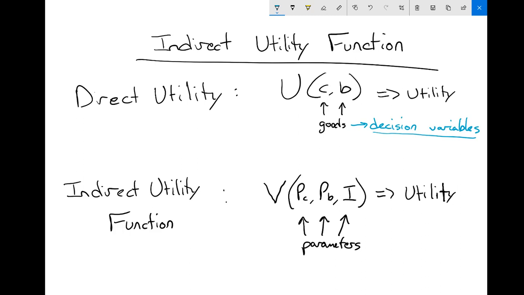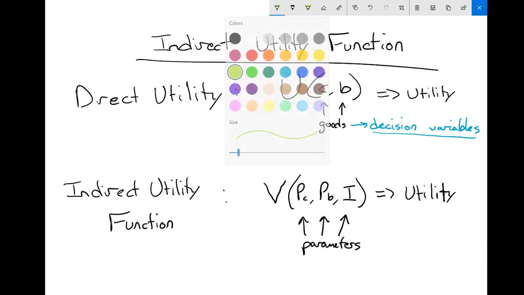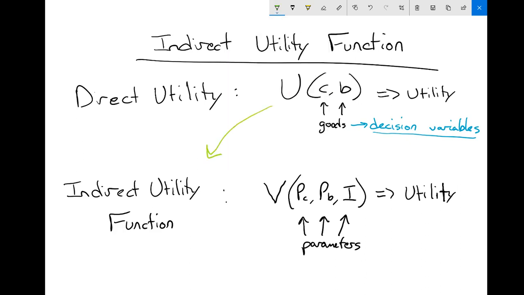But then when we maximize it, when we go through the process of maximizing it, and we find C star as a function of the parameters, and B star as a function of the parameters, we end up eliminating the variables.